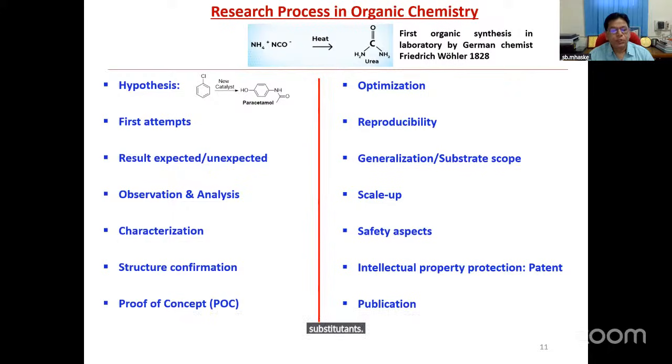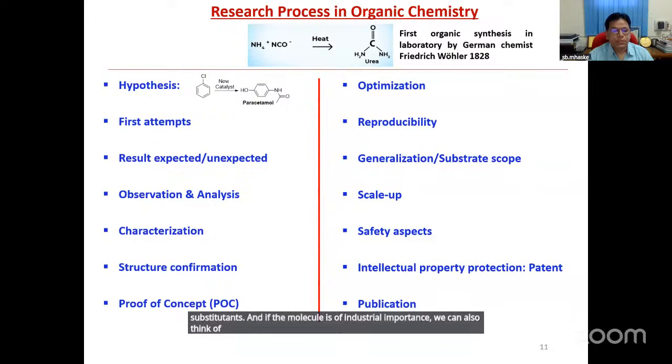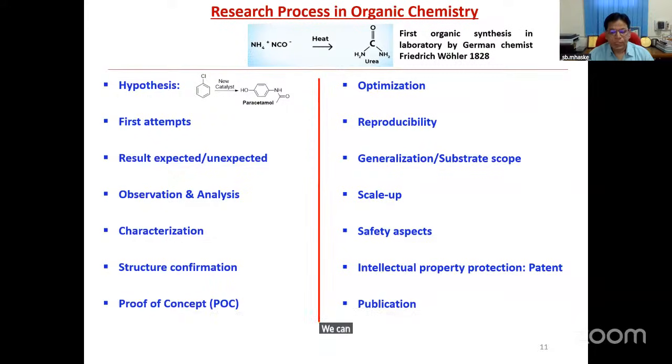And if the molecule is of industrial importance, we can also think of scale up. That means we can go from gram scale to 100 gram scale up to kg scale. Of course, more than kg is not possible in an organic chemistry lab. We can take help from chemical engineers.